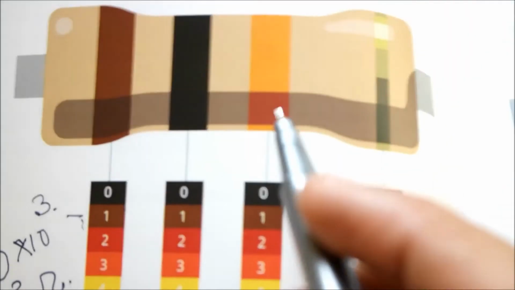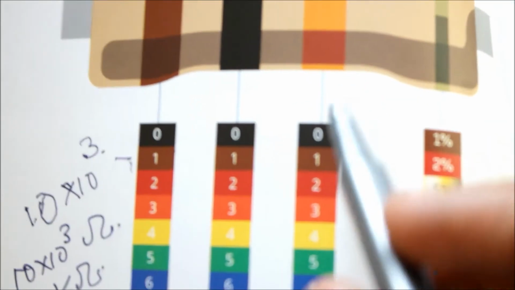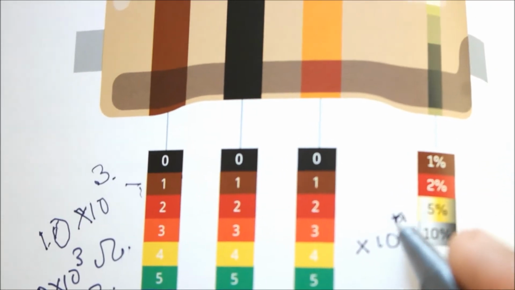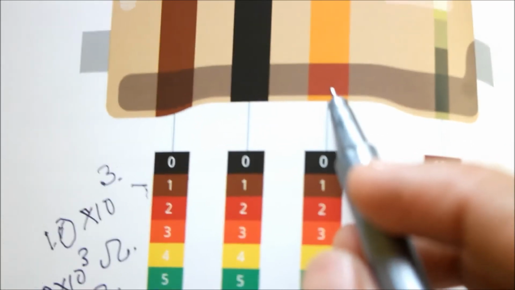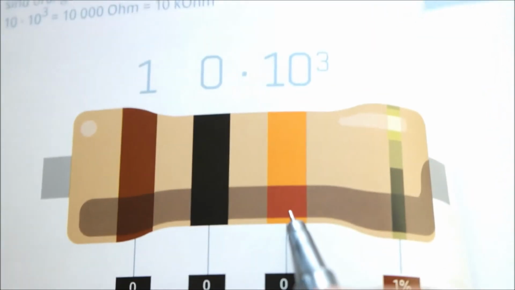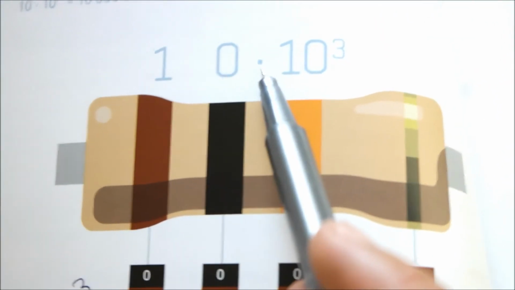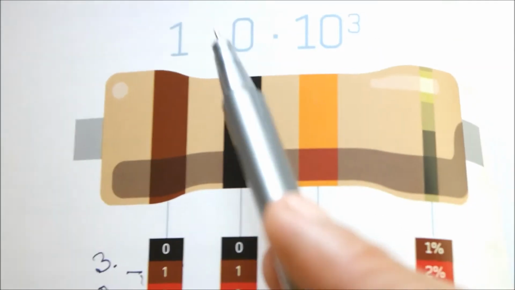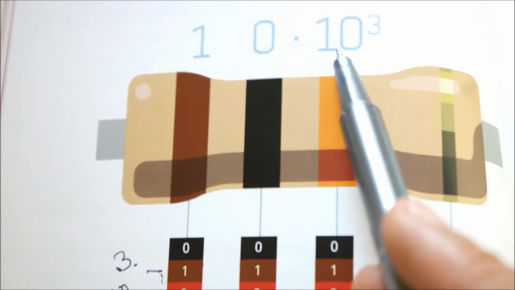Okay, so here it's orange. Orange means 3, so it will be 10 to the power 3 in this case. So it looks like this: 10 into 10 to the power 3 means what? 10 kilo ohms. The unit of resistance is ohms.